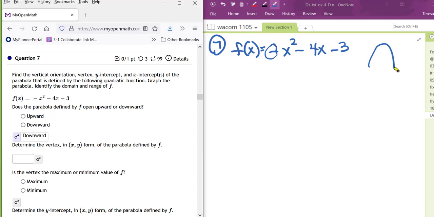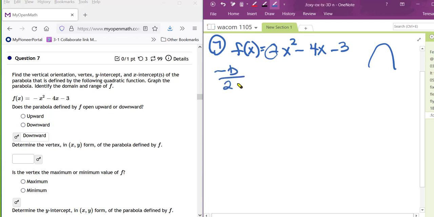Right. Our vertex, we have to do negative b over 2a. It's not too hard here because the numbers are not huge. So negative b, so that will be 4 over 2 times our a is negative 1. So 4 divided by negative 2 is negative 2. Then we have to plug that in.